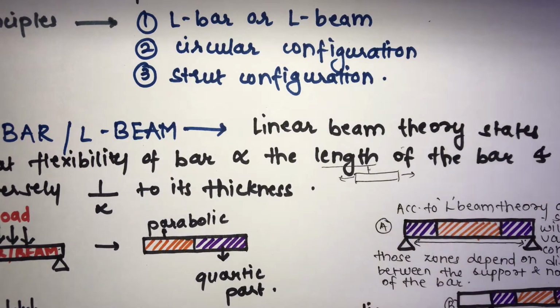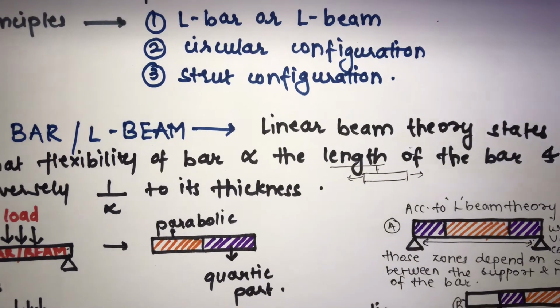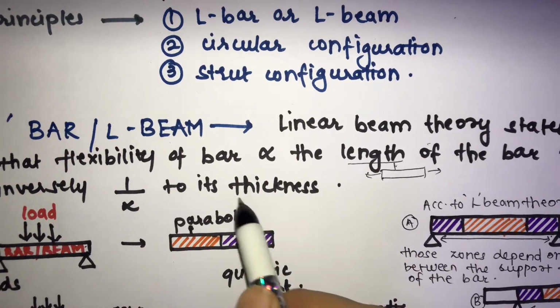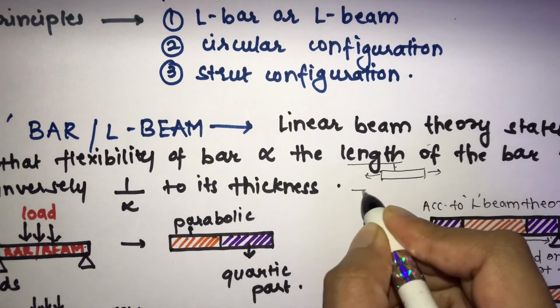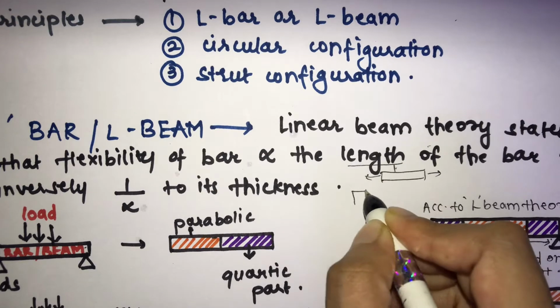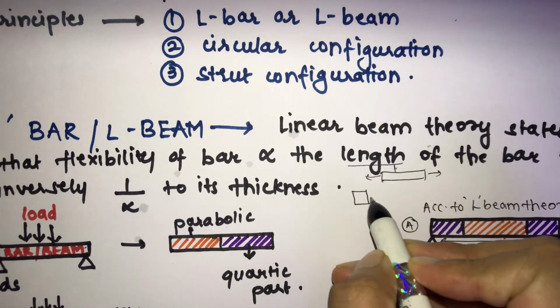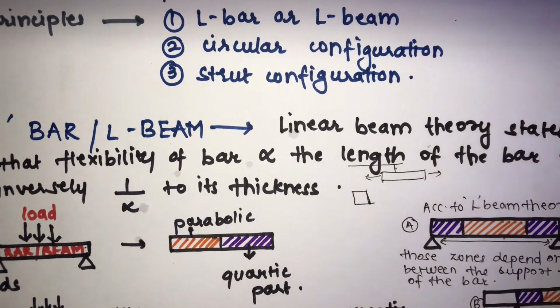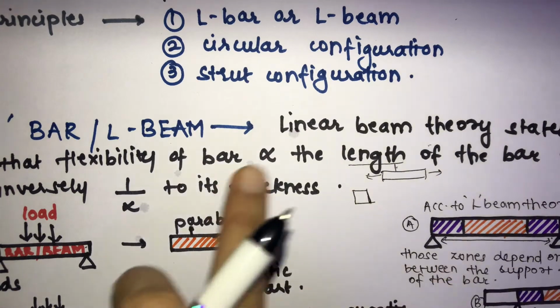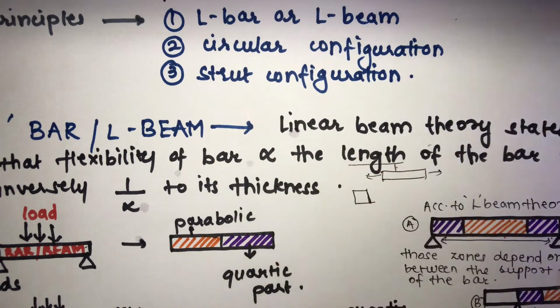We want our bar to be rigid, and flexibility is inversely proportional to its thickness. So if it is thicker, then the flexibility reduces, which means it is more rigid. This is what the L beam theory states.